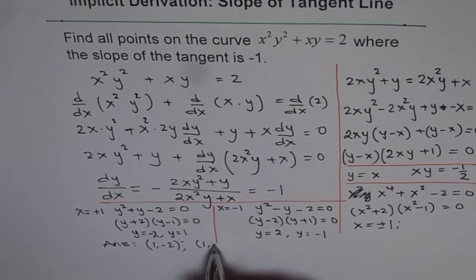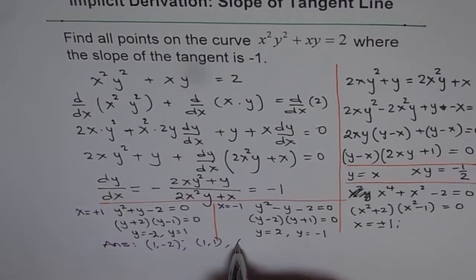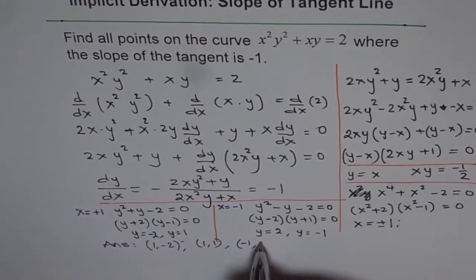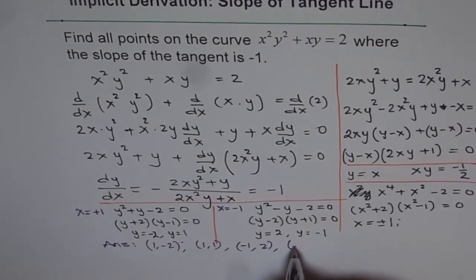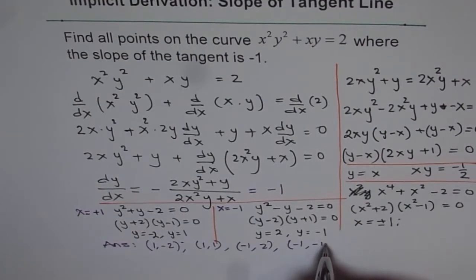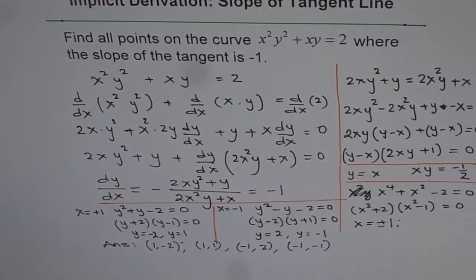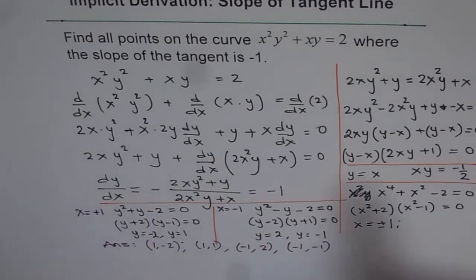If x is 1, y could be 1. If x is minus 1, y could be 2. And if x is minus 1, y could be minus 1. So we have these 4 different answers, which are the points on the given curve where the slope of the tangent line is going to be minus 1.